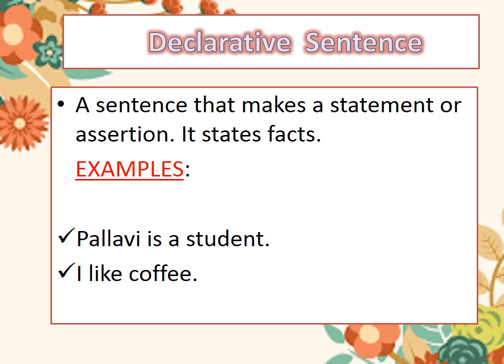Now the first kind of sentence is declarative sentence. It is also known as an assertive sentence or a statement. It states facts. A declarative sentence expresses opinion. The examples are: Pallavi is a student. I like coffee.